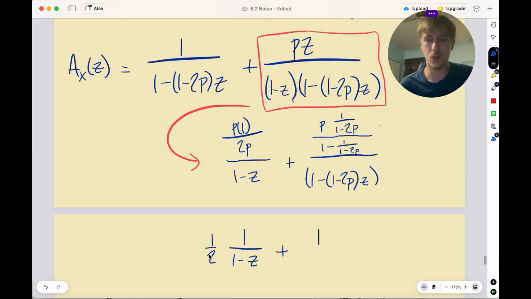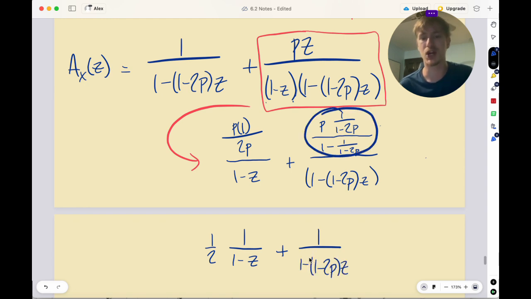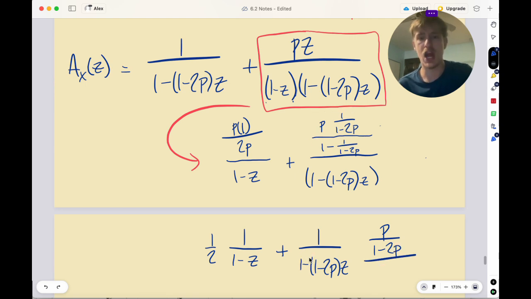So this is going to be 1 over 1 minus 2pz times this junk. Okay, but I can write that as p over 1 minus 2p on top, that's this term, and on bottom I have 1 minus 1 over 1 minus 2p.